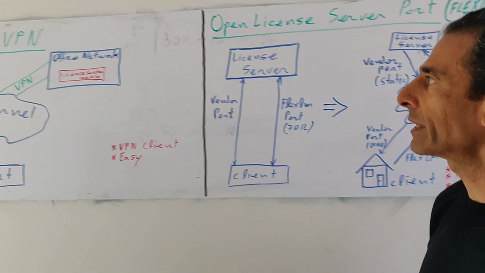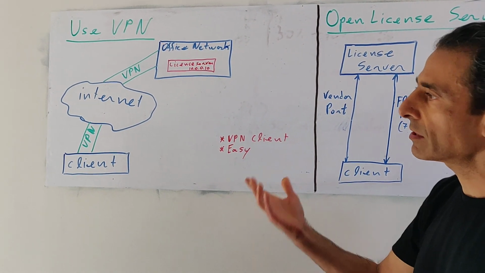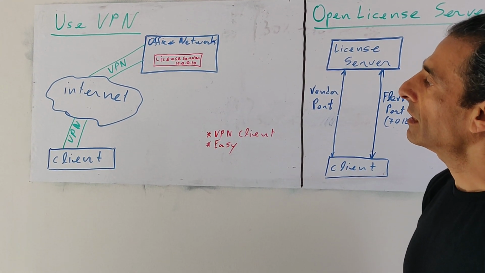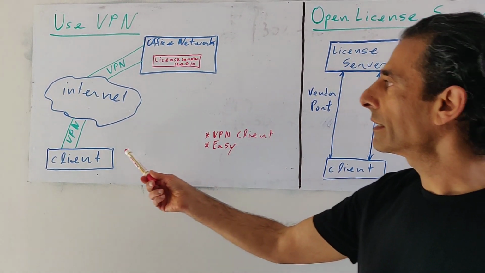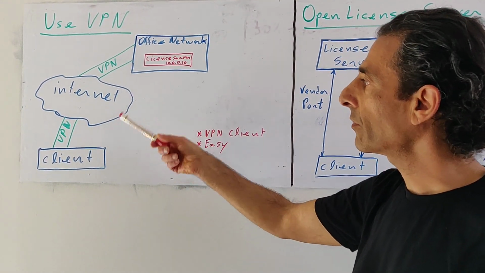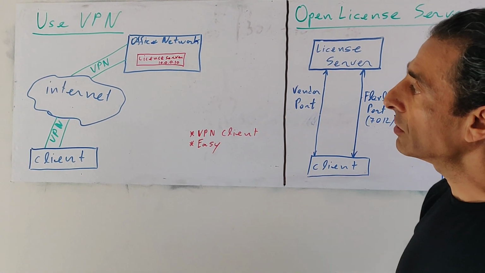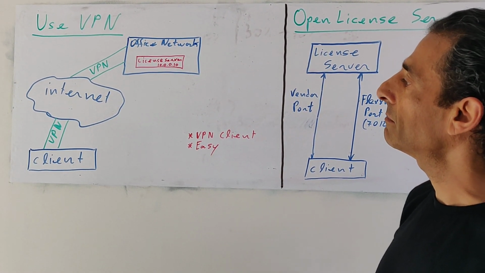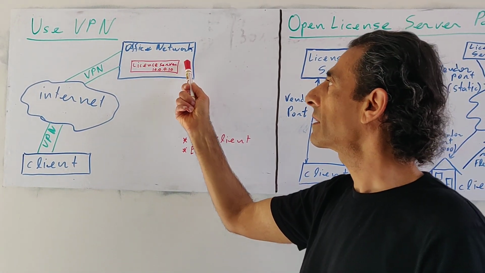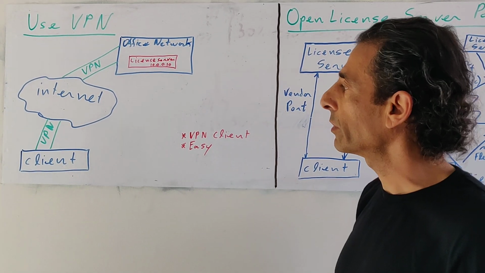Let's move to the last board. In this method we just utilize the VPN that most companies have. The client communicates with the office network through a VPN, which is an encrypted channel, and the client sees the office environment, including the license server, as if it were local to the machine.